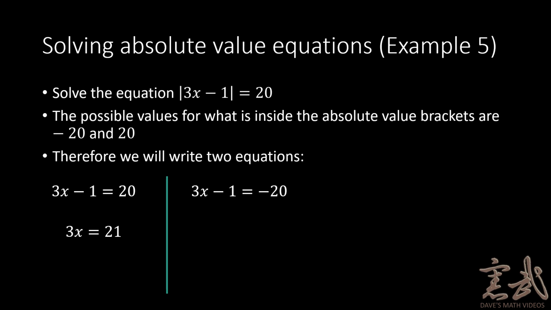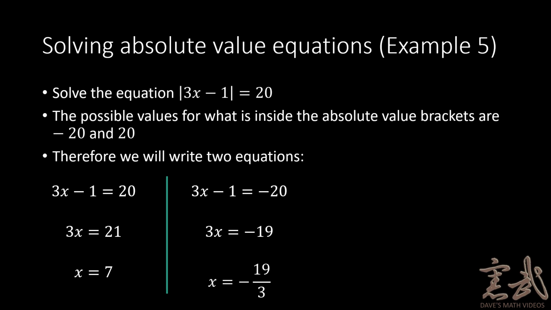And if we solve the first equation, we will add 1 to both sides, and we'll get 3x is equal to 21. And then we can divide both sides by 3 to get x is equal to 7. For the other equation, we will again add 1 to both sides, and we'll get 3x is equal to negative 19. When we divide both sides by 3, we will get negative 19 over 3.